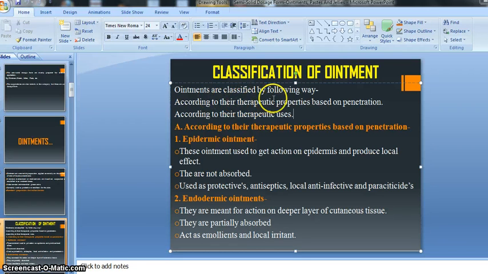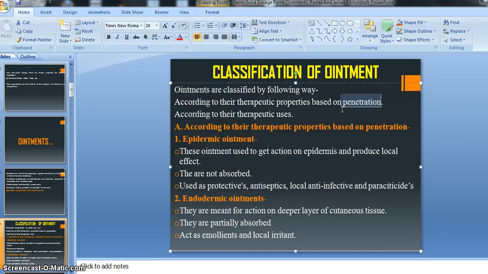So the first category is on the basis of their penetration, right? Penetration means it is a process of absorption. We will discuss penetration thoroughly in our next topic.